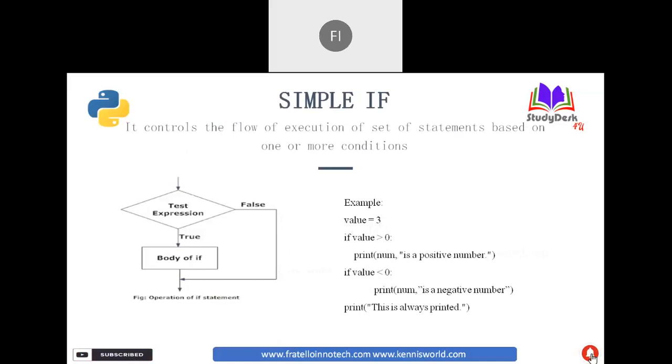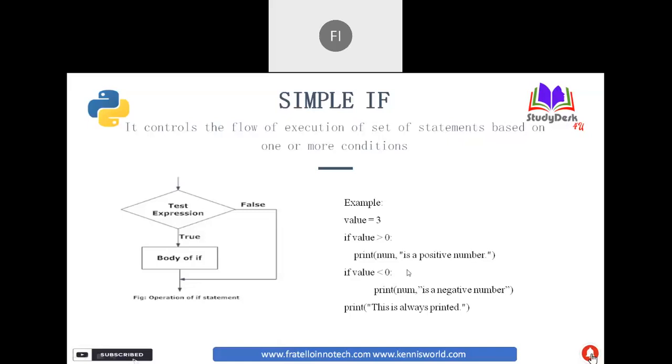If the value is less than 0, the number is a negative number. But in this case, the drawback is that even though we know 3 is greater than 0 and it has already printed that the number is positive, the second condition, value less than 0, will also execute. So it is unnecessarily waiting, wasting our time on unnecessary conditions.